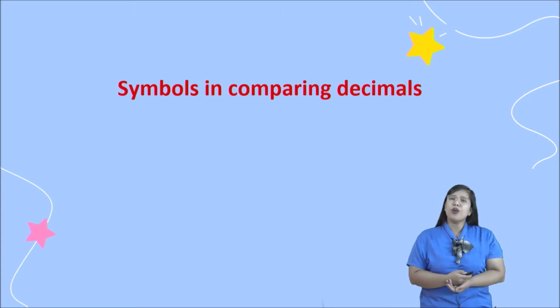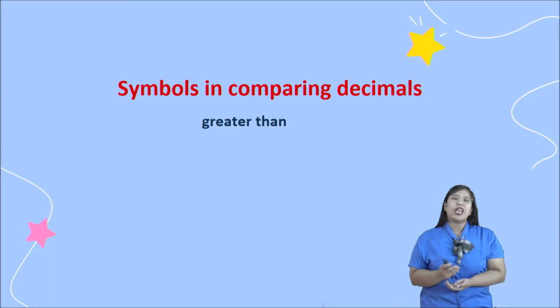So, let's proceed with our topic, comparing decimals. In comparing decimals, it's just like comparing whole numbers. We are using symbols in comparing decimals. So, what are the symbols in comparing decimals?